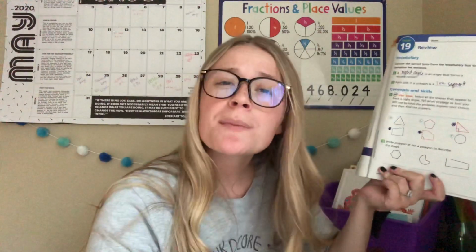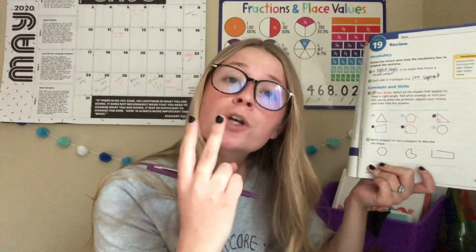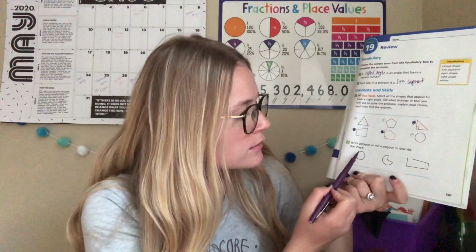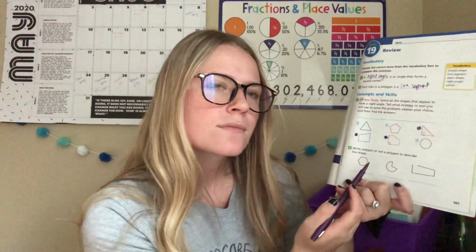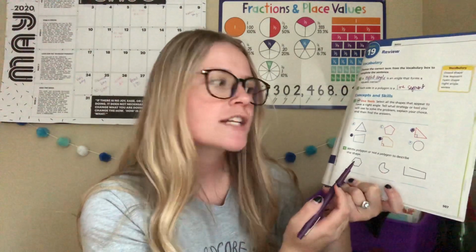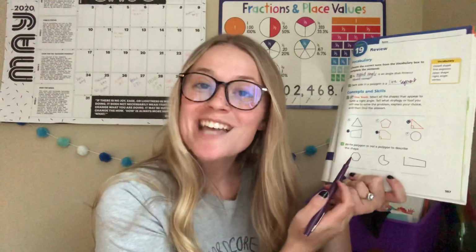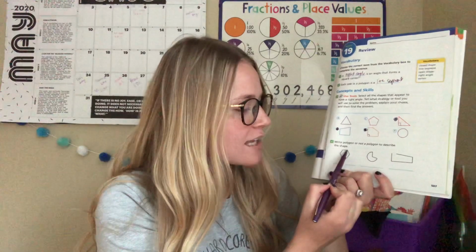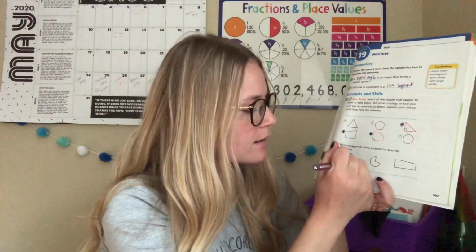Okay, number 4, write polygon or not a polygon to describe the shape. Now remember, in order to be a polygon, you're made of line segments and no curved pathways, and it's a closed shape. You're a closed shape, and you're made up of line segments, not curved pathways. Okay, so we have line segment, line segment, line segment, and we're all closed, so it is a polygon.